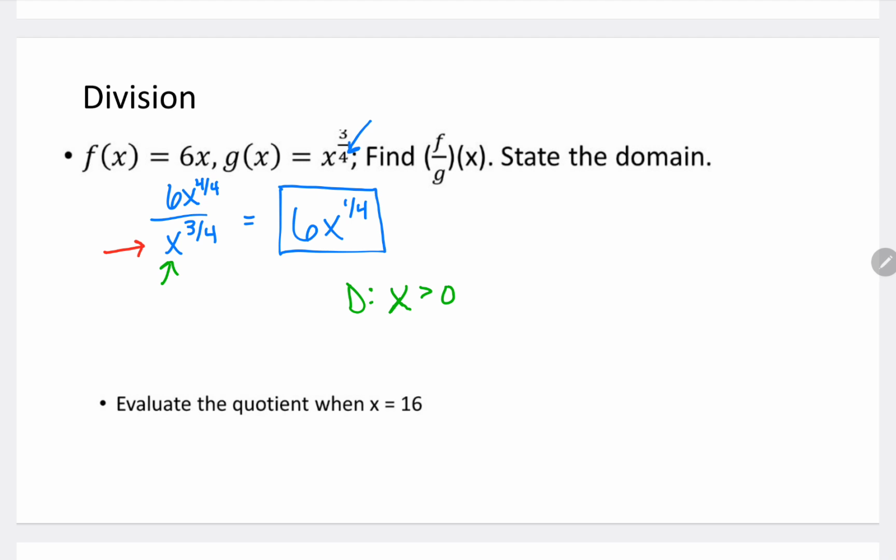And then we're going to evaluate when x equals 16. So 6 times 16 to the 1/4 power, or another way of saying that is 6 times the 4th root of 16. The 4th root of 16 is 2. So that answer would be 12.